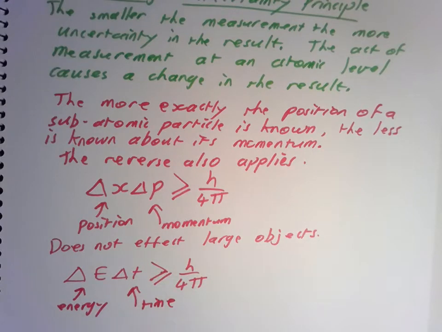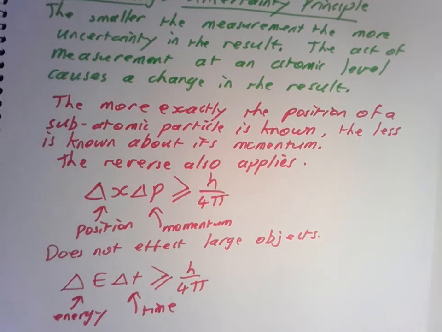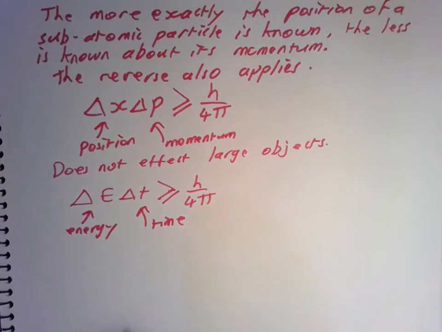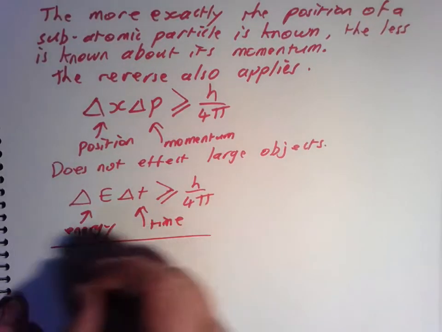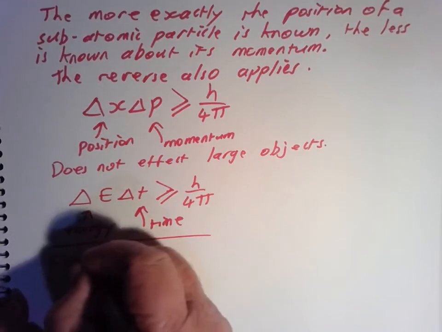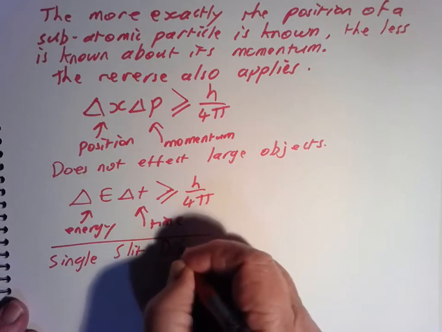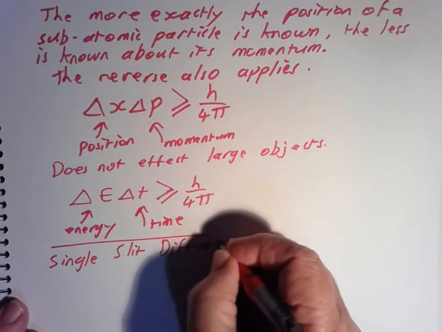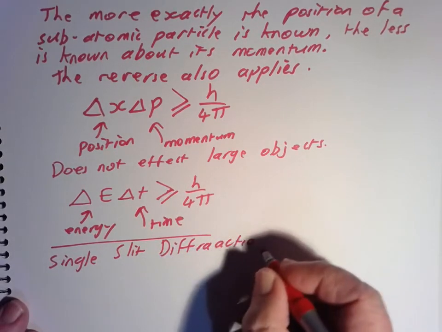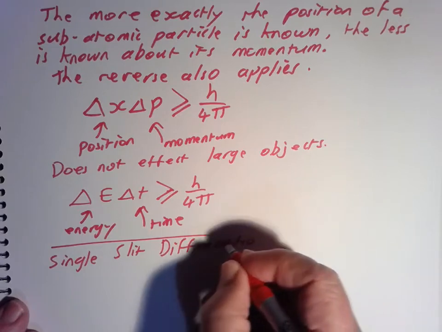So what we're saying is that the when is also variable when it comes to subatomic particles. Let's just finish off with single slit diffraction. Oops, two A's in diffraction, that really doesn't work.